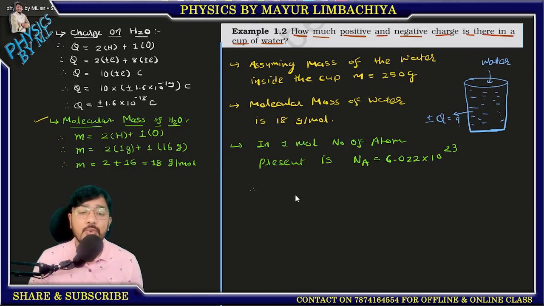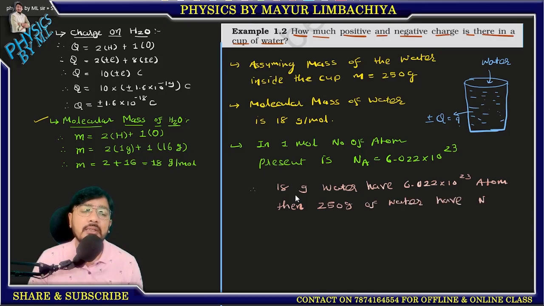So if 18 gram of water has 6.022 into 10 raised to plus 23 atoms, then 250 gram of water has how many atoms?